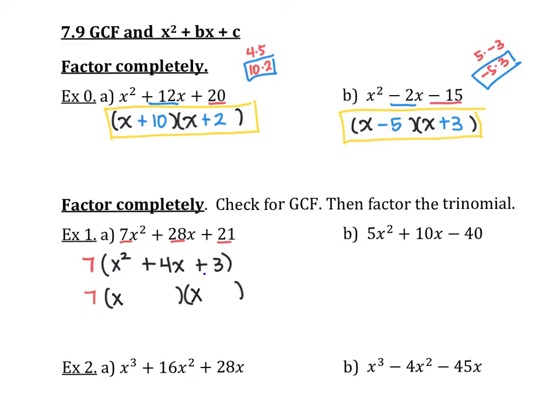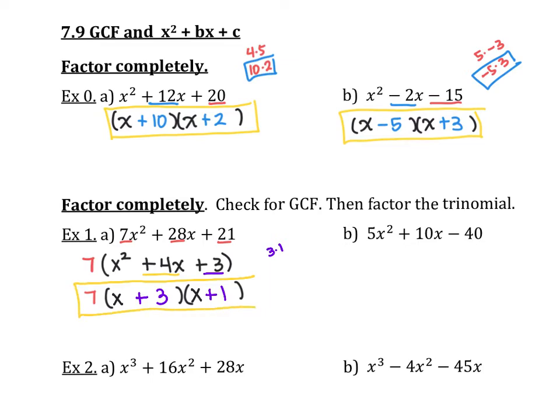Let me look at the last term and think of what I multiply to get 3. 3 times 1. Does that add up to what I need? I want it to sum up to 4. 3 times 1 is 3. 3 plus 1 is 4. So 3 and 1 actually do work. Positive 3, positive 1.